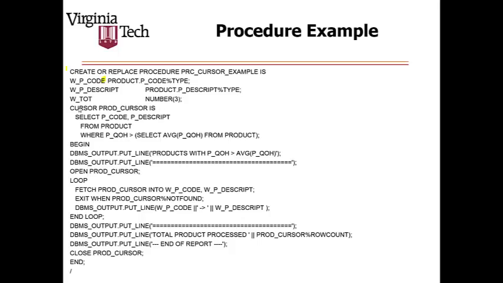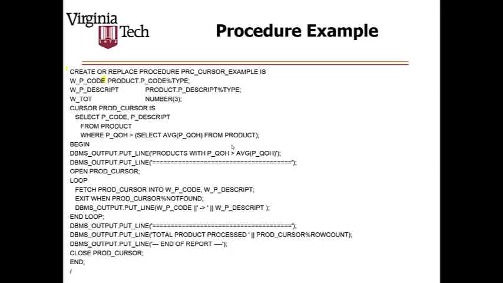We have a cursor, and a cursor is what we use to manage a results set inside of a program. So what we do is we execute a select statement to bring all of the rows from the database into our cursor, and then we process that cursor row by row usually.